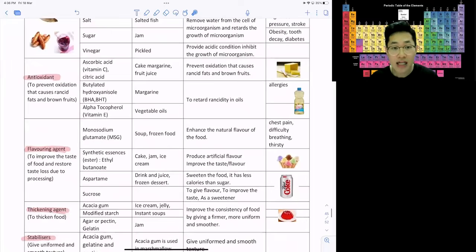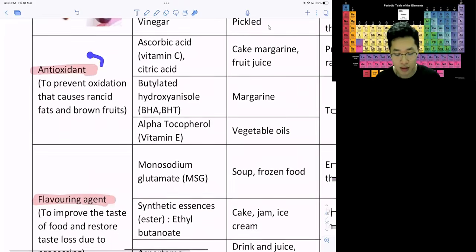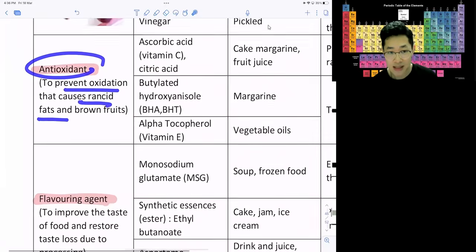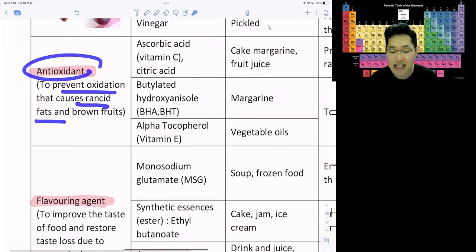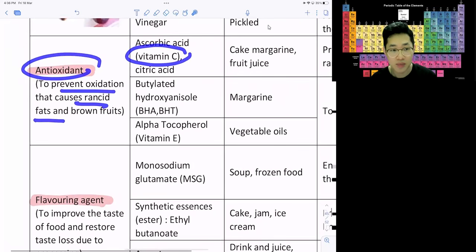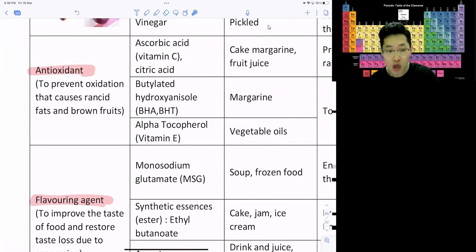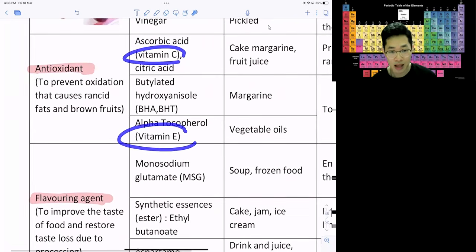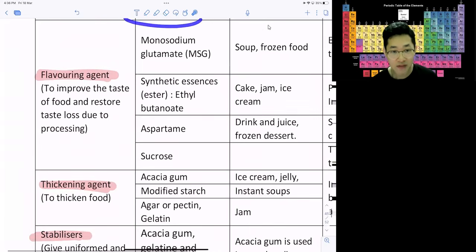Okay, antioxidant is to prevent oxidation or rancid fats. Example is like vitamin. So just now was sodium and benzo. Now it's all kind of vitamin. Flavoring agent.